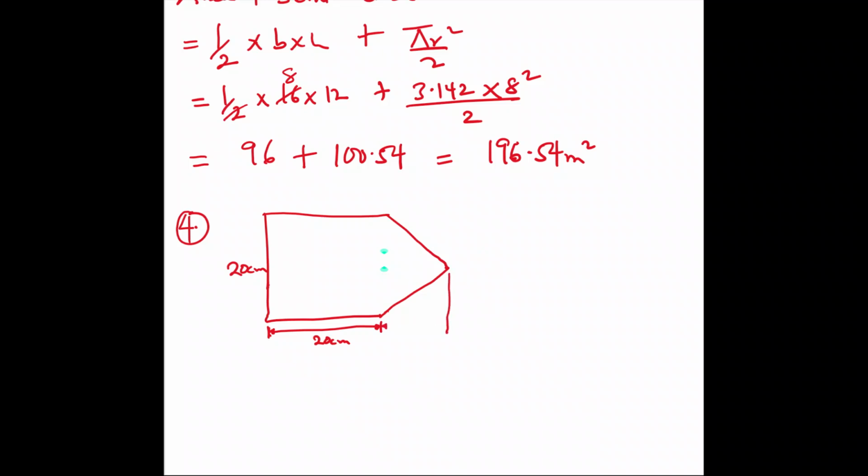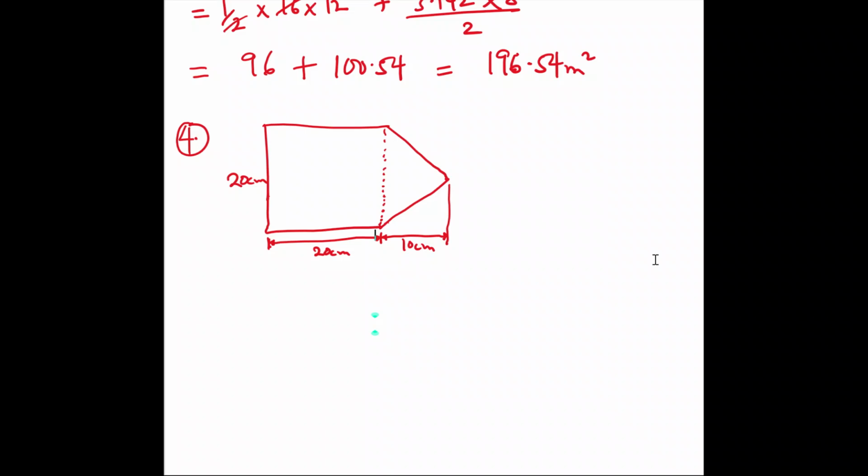This place is 20 centimeters. The length from here to here is 10 centimeters. So, like I said, when you have an open space like this between the shape, you use a broken line to connect it.